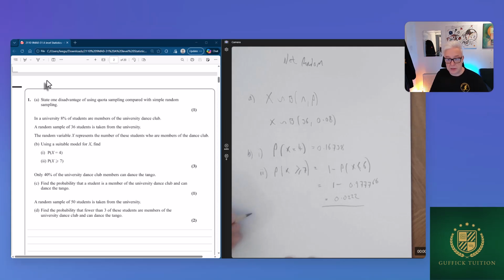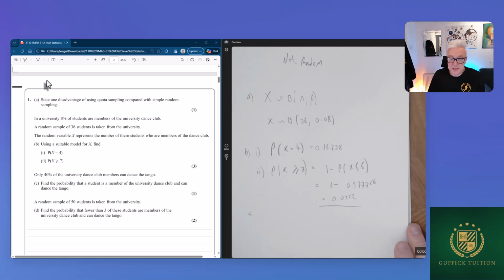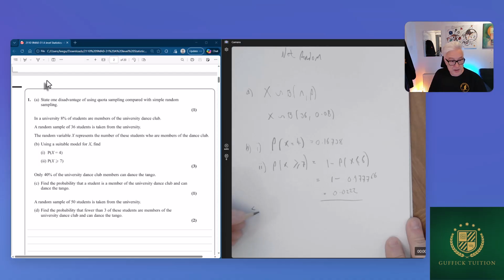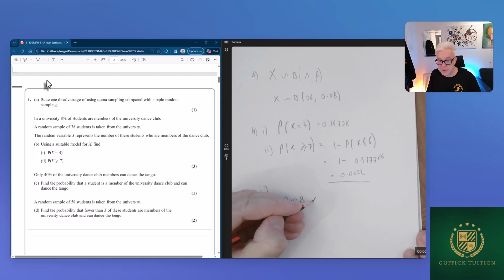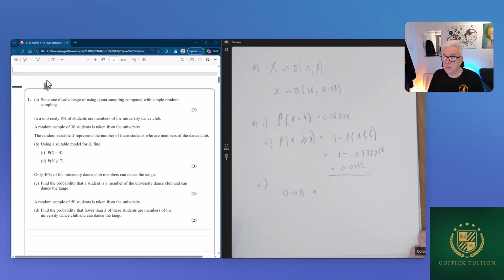Now, part C, it says only 40% of the university dance club members can dance the tango. Find the probability that a student is a member of the university dance club and can dance the tango. So the probability that somebody is in the dance club is 0.08. And in probability, when we hear that word and, we multiply.